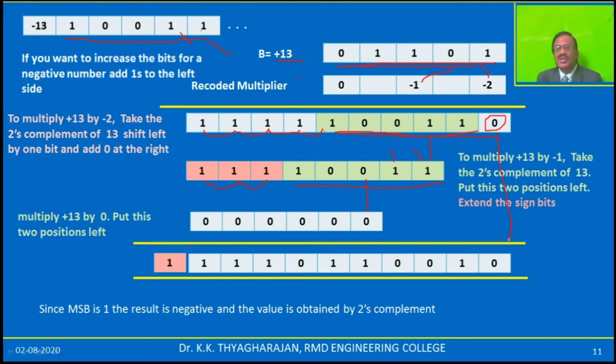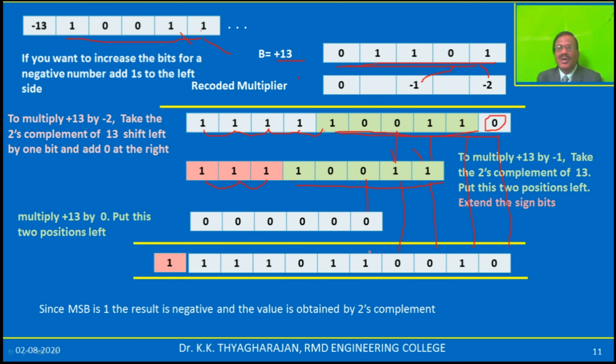So the 0 will be here, 1 will come here, 1 plus 1 is 2. 2 means you will have 0 here, and there will be a carry, and that will be added with this one. So carry plus 1 is 2. 2 means 0. Again you will have a carry, but here all are zeros.